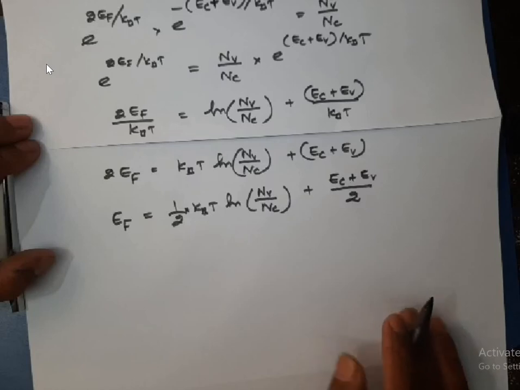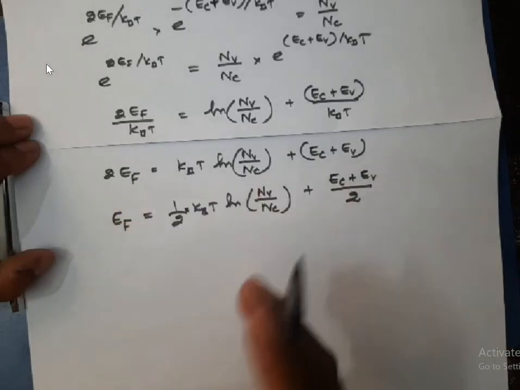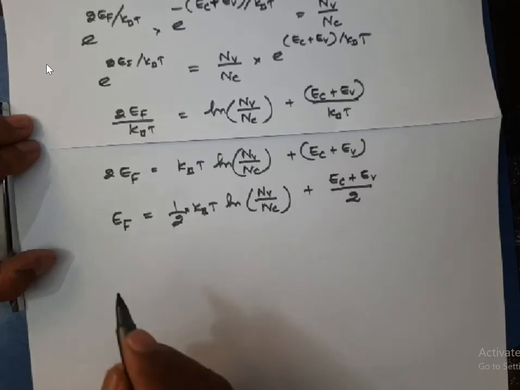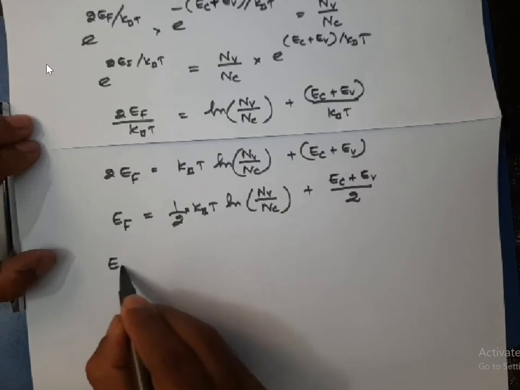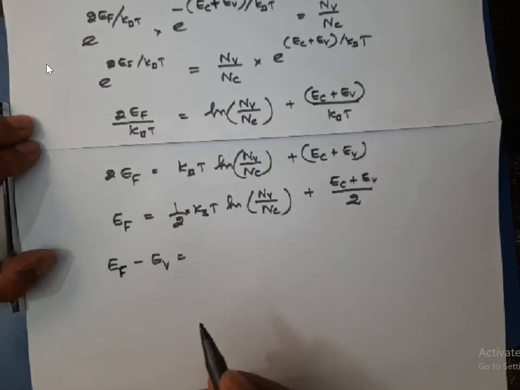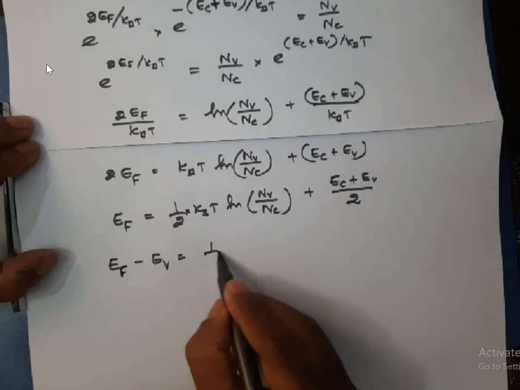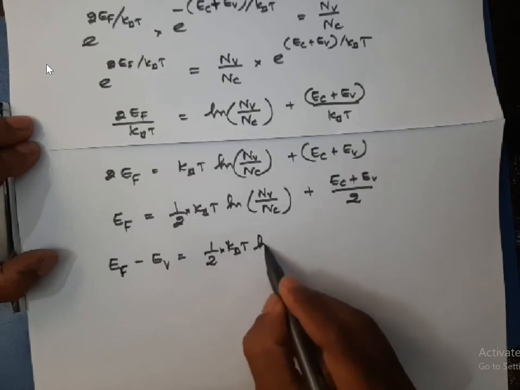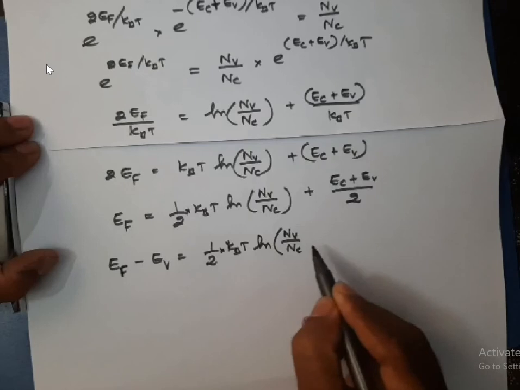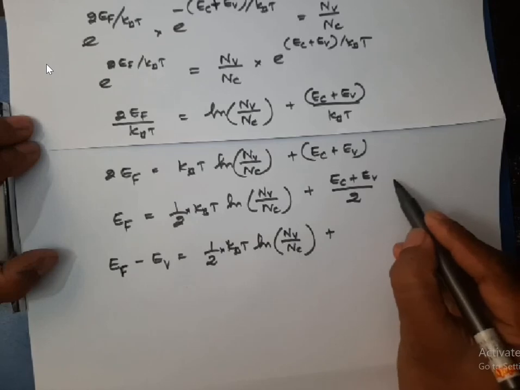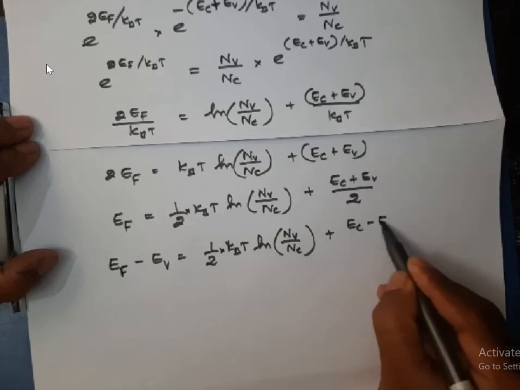What I'm going to do, I'll subtract both sides by EV. So I'll get EF minus EV equal to 1 by 2 times kBT ln NV by NC plus, if I subtract EV, I'll get (EC minus EV) by 2.